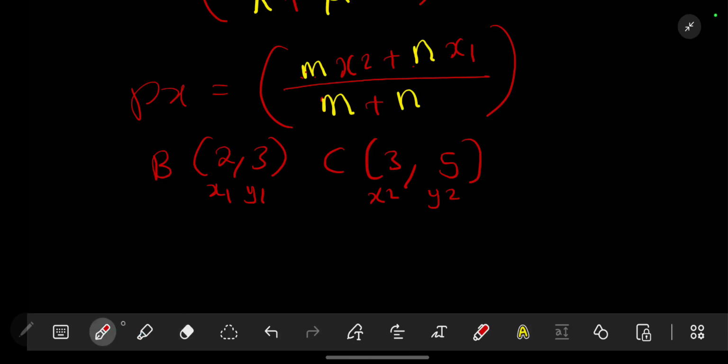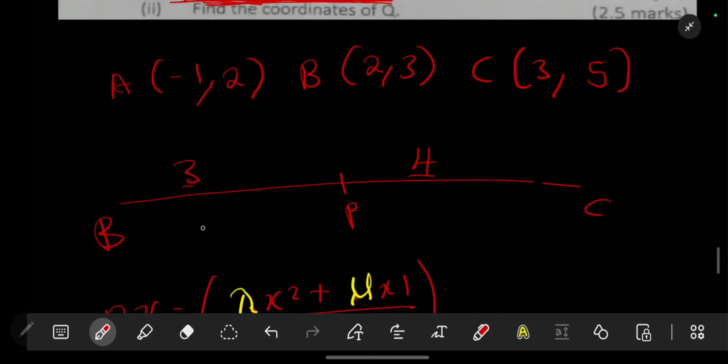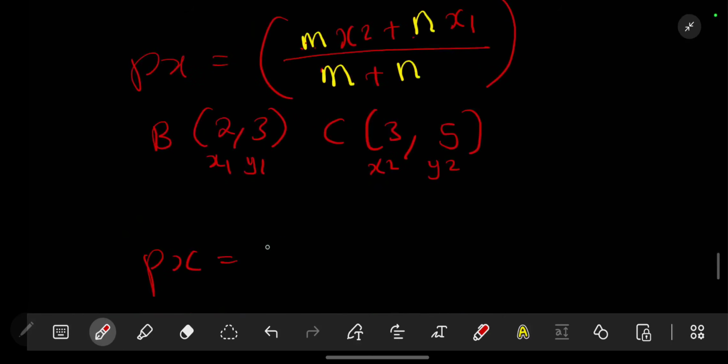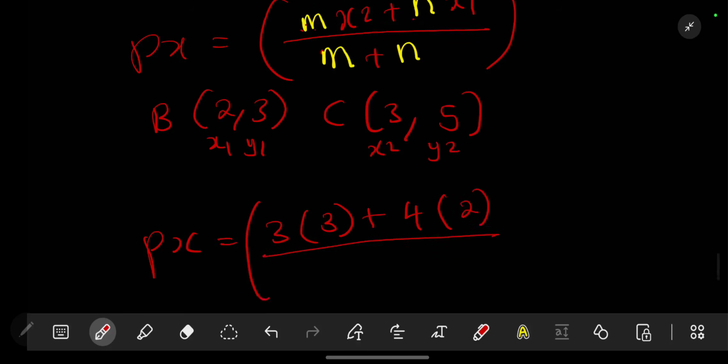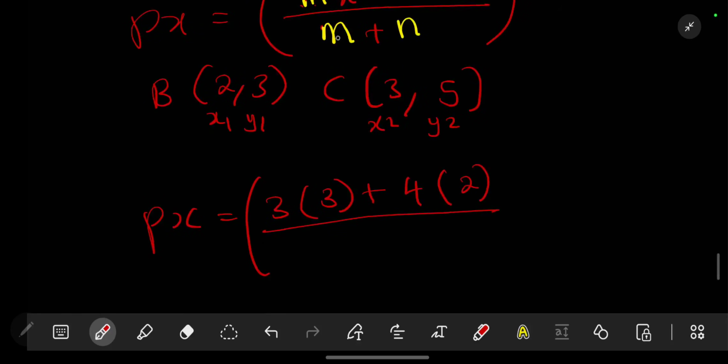So our Px will be equal to, what's our M? Our M is equivalent to 3. So we have our 3, then our x2 is 3, like that. Then we have plus, what is our N? Our N is 4, the other division, times our x1, which will be our 2, like that, over M plus N, so we are going to add the divisions.